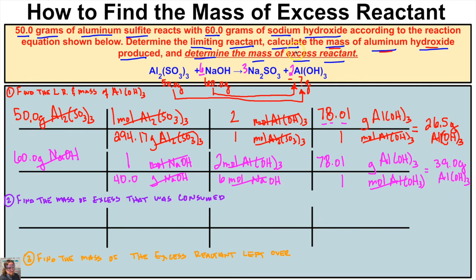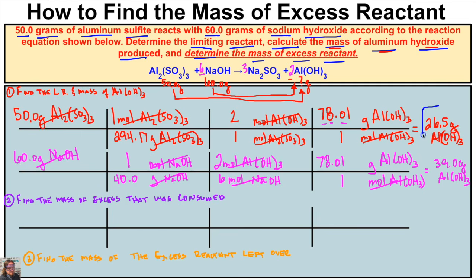So in the first two questions, it says determine the limiting reactant and to calculate the mass of aluminum hydroxide. So how much aluminum hydroxide can be produced if we have 50.0 grams of aluminum sulfite and 60.0 grams of sodium hydroxide reacting? Is it this much right here, or is it this much right here? Well, we go with the lesser of the two values.